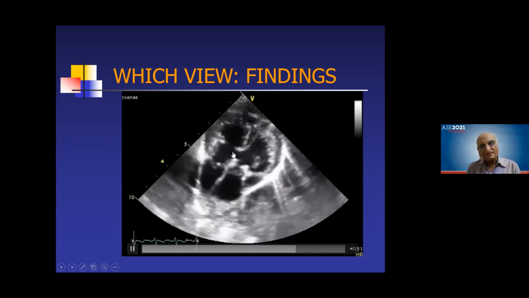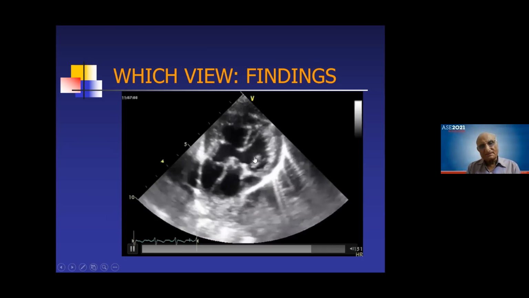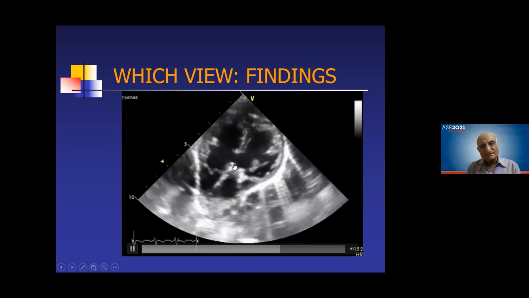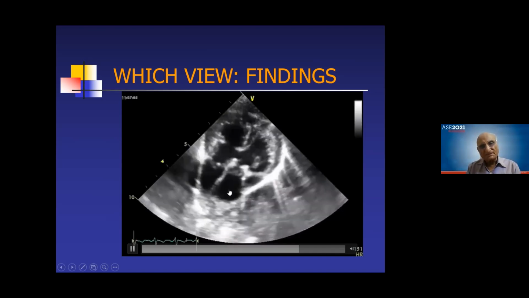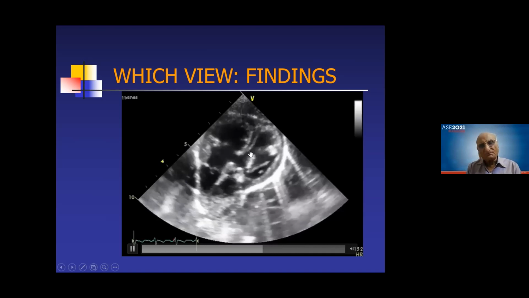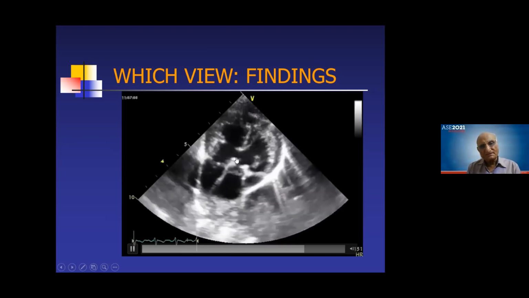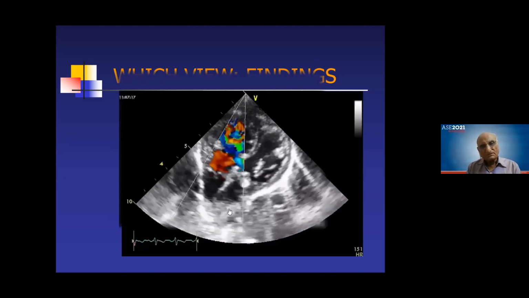Here you can see a VSD between the left ventricle and right ventricle. One artery is arising from the right ventricle, and one artery is arising from the left ventricle. We do not know which is which. Till now, we only know that the arteries are arising from normal ventricles and there's a VSD. Now you put a color flow, you still don't know.